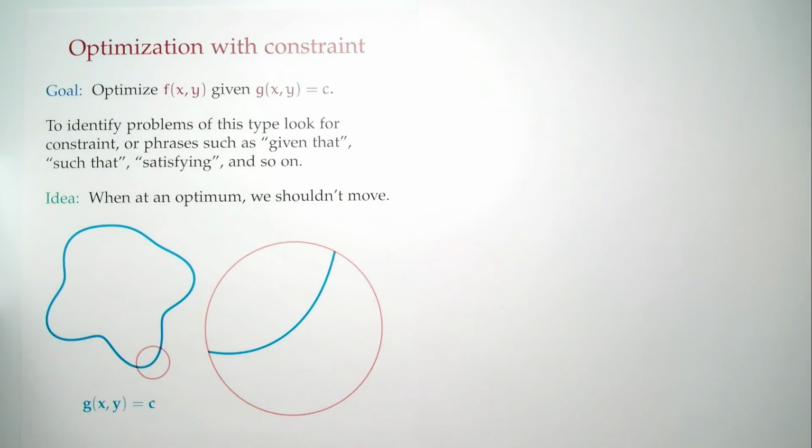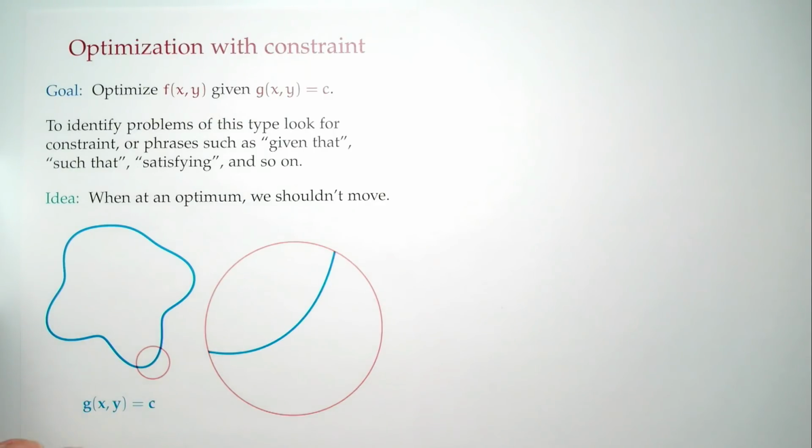If I'm at an optimum value, an optimum is just a way of saying a minimum or a maximum, I don't want to move because I'm optimized. So somehow we can figure out when we would want to move, because if I know when I do want to move, that rules those points out.